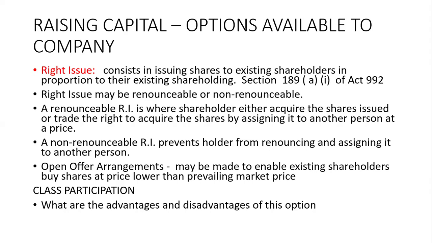If you have, let's say, 1.5% of the shares, the number of shares we are going to give will be to that extent. However, if it's renounceable, it means that once you get it, you can also assign or transfer it to another person, so that another person will acquire that which ought to have been yours by reason of being an existing shareholder.